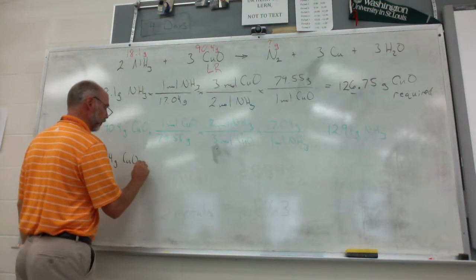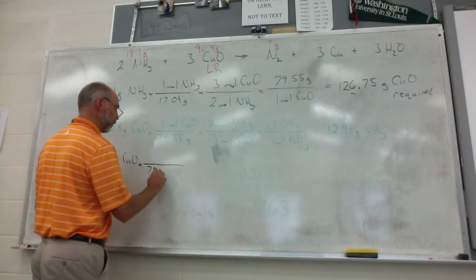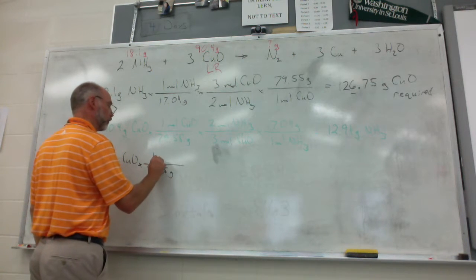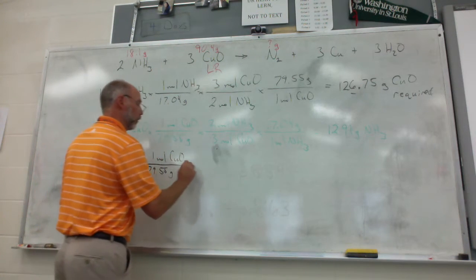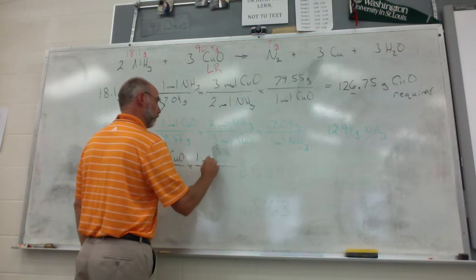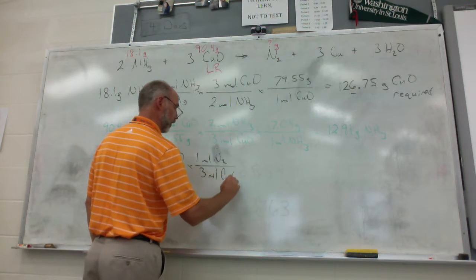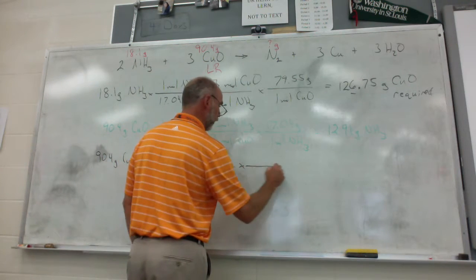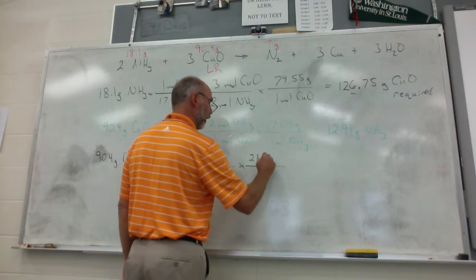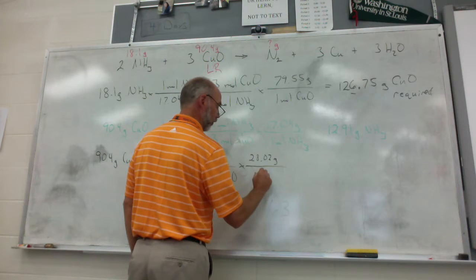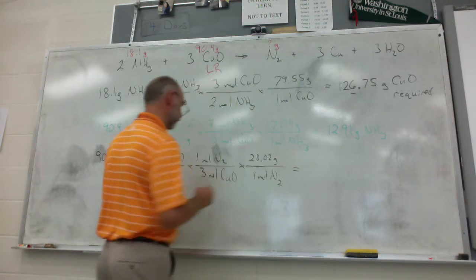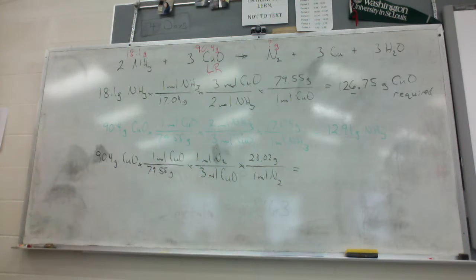Anyway, so now we just do our normal things, 79.55 grams, mole ratio, and of course the mass of nitrogen, which is 28.02 grams. And relatively quickly, 0.125 times 100.